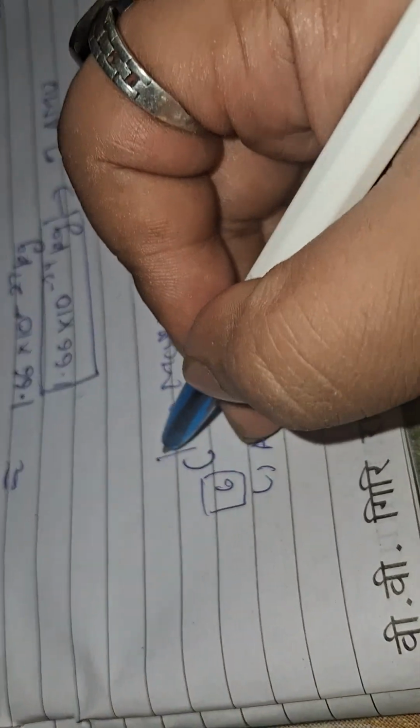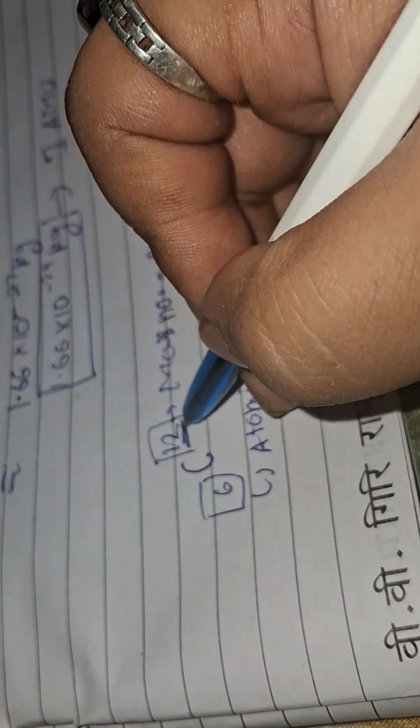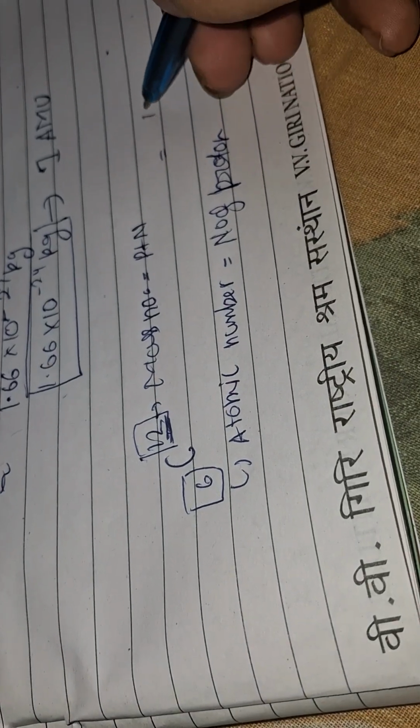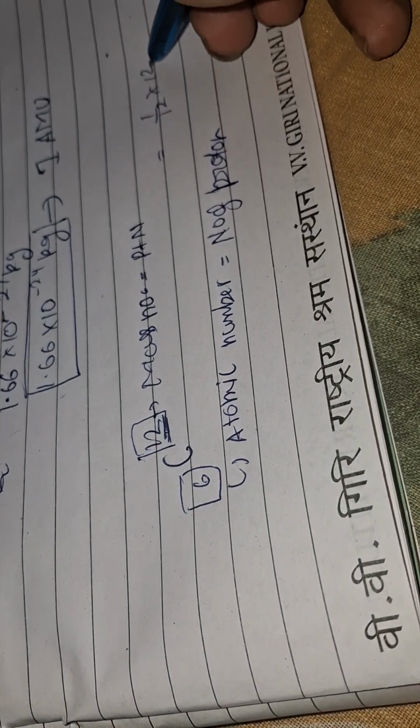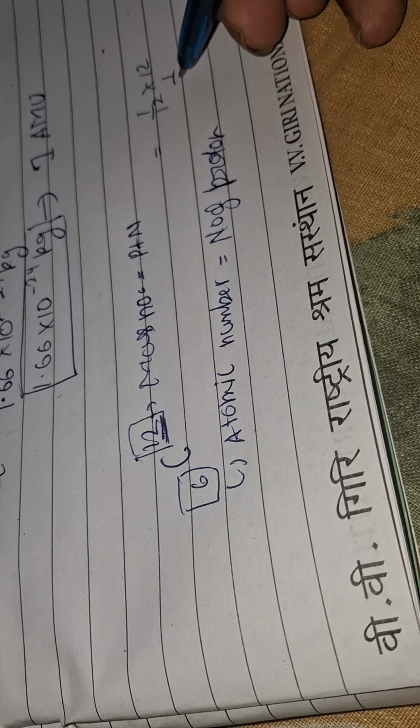So the mass of 1 carbon 12 atom is 12, and 1/12th of 12 is 1.